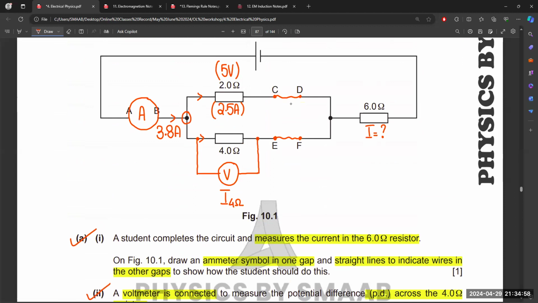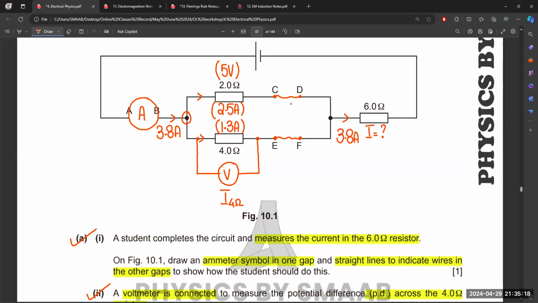So 2.5 is passing through this 2 ohm resistor. If we subtract 2.5, the rest, 1.3, is passing through the second resistor. So the combined current passing is 3.8.